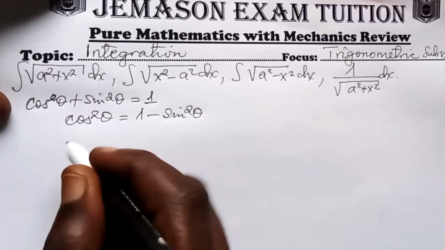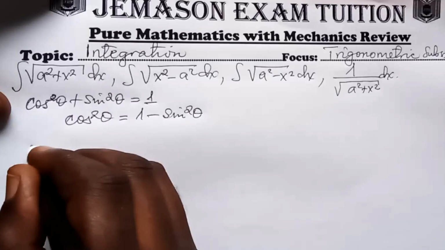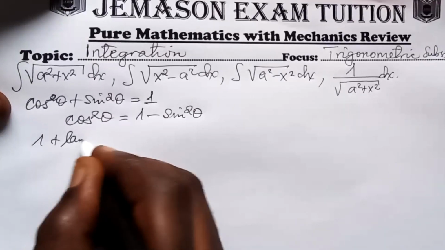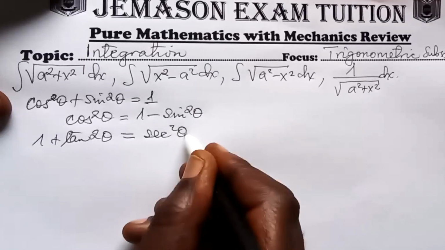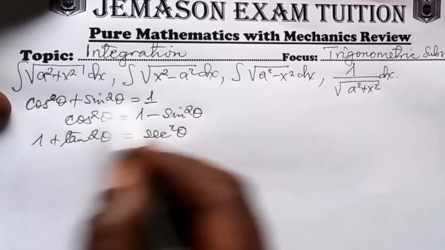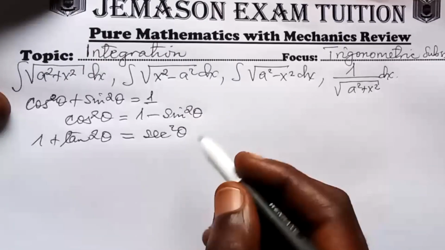A derivative of this is 1 plus tan squared theta equals sec squared theta. If you divide through by cos squared theta, you get this other derivative.